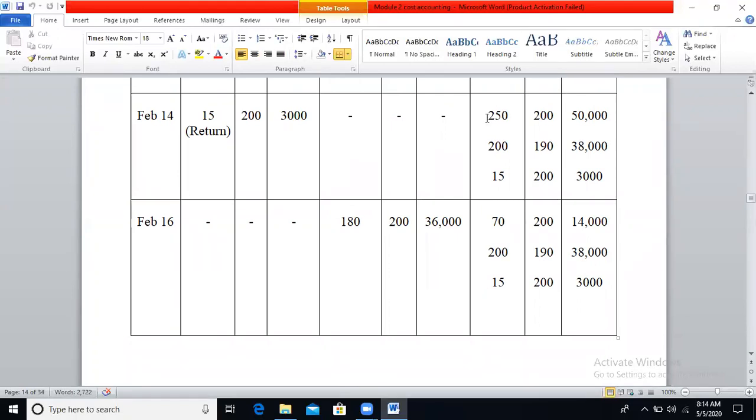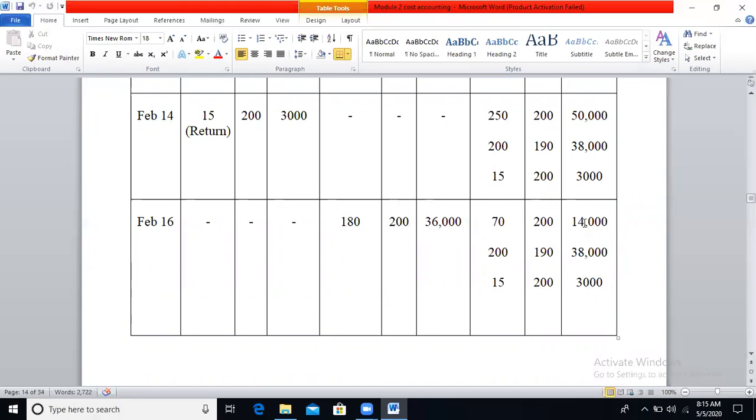So we can issue 180 tons out of 250 tons. If you issue 180 tons out of 250, you will get the remaining balance as 70 tons. So 180 tons will be issued at 200 rupees. 180 into 200, you will get 36,000. Then the remaining balance will be 70 tons at rupees 200.